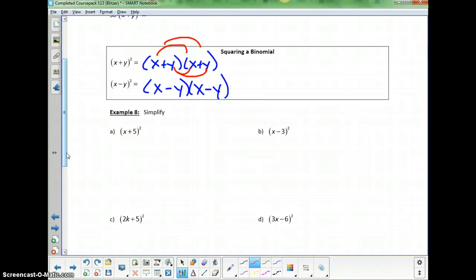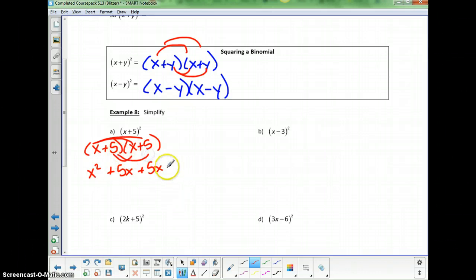Okay, so in the first example, we are going to look at x plus 5 squared. So that's x plus 5 times x plus 5. When we multiply this out, x times x is x squared. x times 5 is 5x, plus 5x, plus 25. To combine my like terms, I've got x squared plus 10x plus 25.